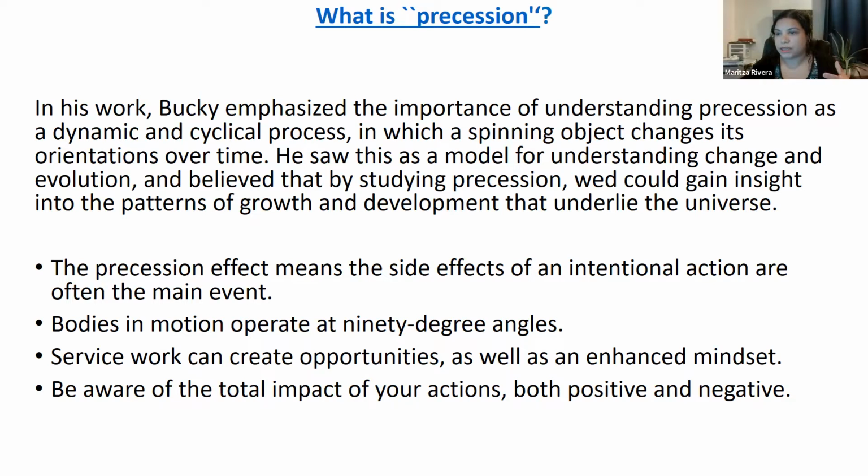So the very last bullet here: beware of the potential impact of your actions, both positive and negative. Bucky doesn't explicitly speak about positive and negative aspects of precession, but when we look at it, the overarching theme of what's being said here is that you have a consequence attached to every action, which cannot be divorced.